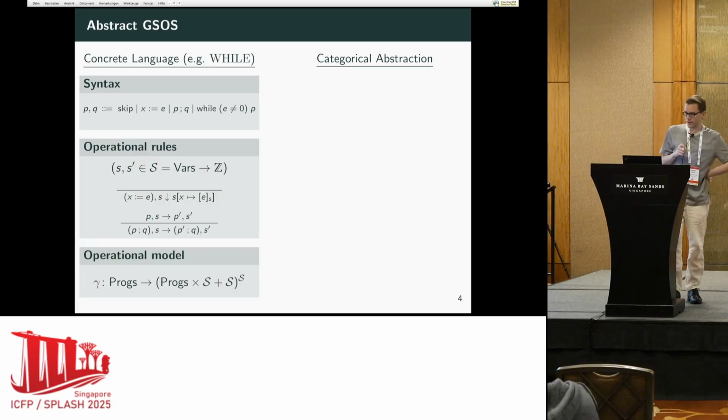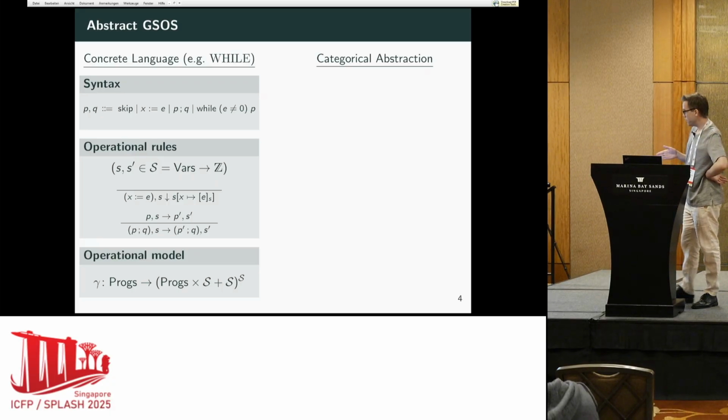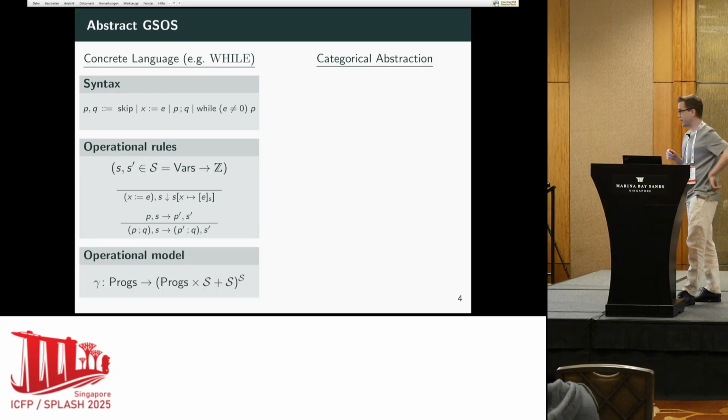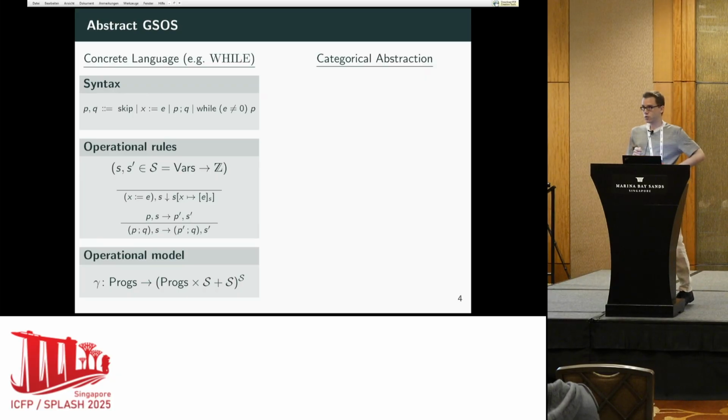What they did is they started with the observation, what are the ingredients of a programming language, like the Y language? Typically, you have a syntax, so you have some grammar that specifies which terms you have. You have operational rules that explain how the programs evolve. So in this case, rules that explain how programs transform the state.